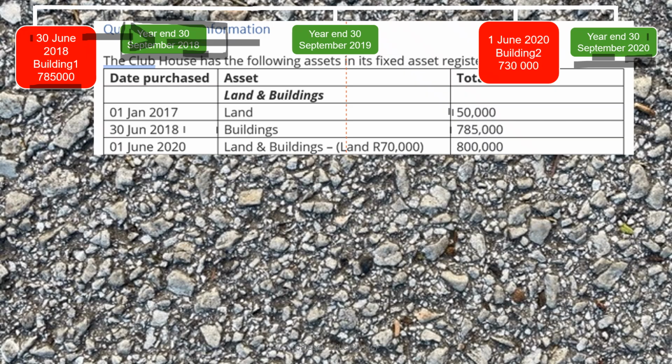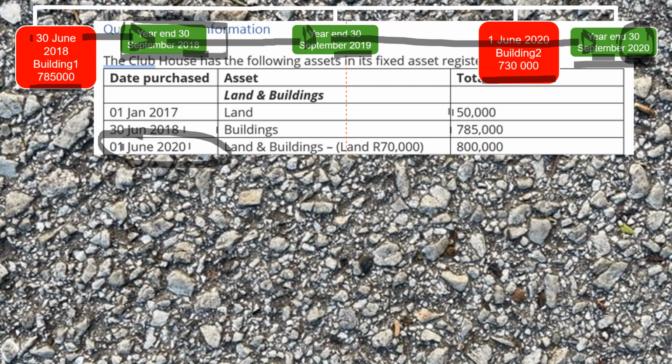Then we had it in another year until the 30th of September 2019. That's building 1. Then we had it for another year until year end 30th of September 2020 is where we're at. And this other building, 730,000, we purchased actually in our current year, and we've had it from the 1st of June until the 30th of September.